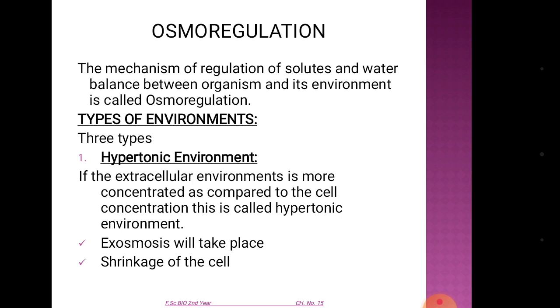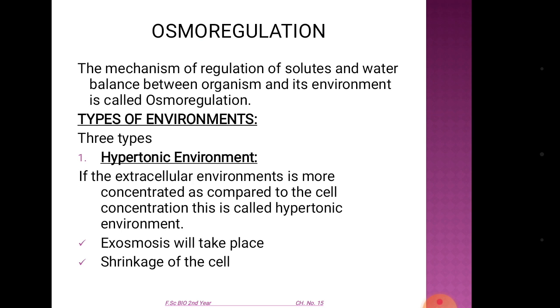In this case, the concentration of solute is more. Hyper means more, an increase in the concentration. So the solute concentration is higher compared to the water, and exosmosis will take place.